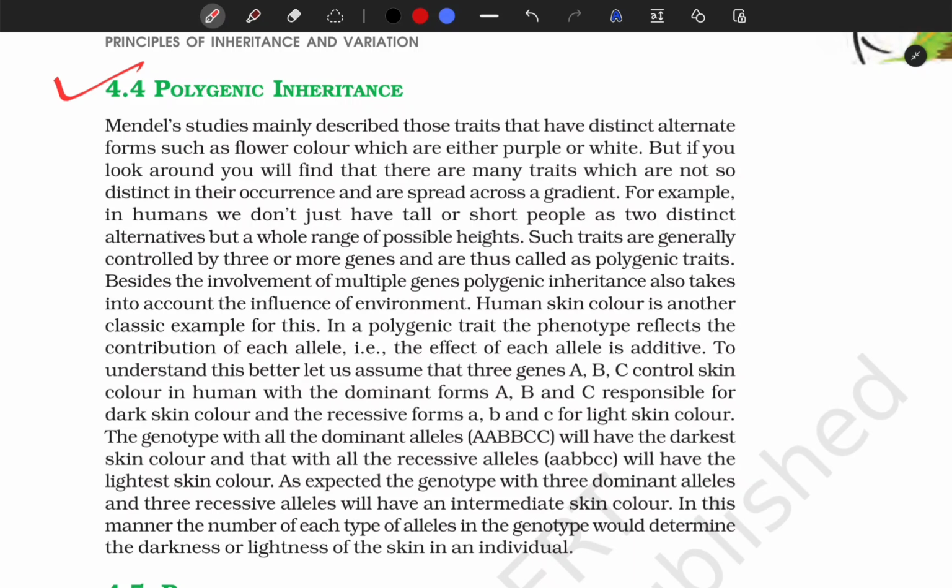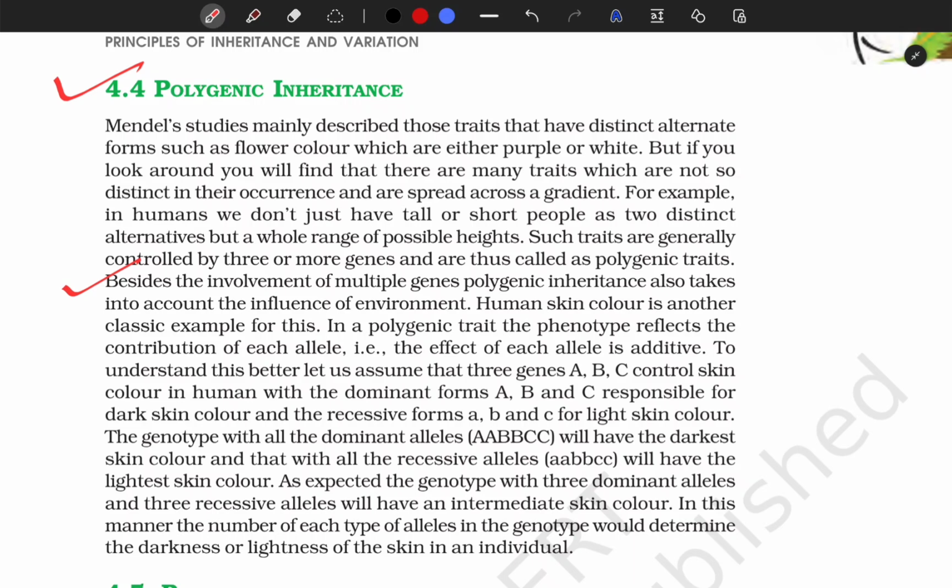For example, in humans, we don't just have tall or short people as two distinct alternatives, but a whole range of possible heights. Such traits are generally controlled by three or more genes and are thus called polygenic traits. Besides the involvement of multiple genes, polygenic inheritance also takes into account the influence of environment. Human skin color is another classic example of this.